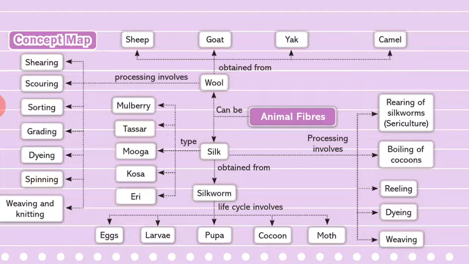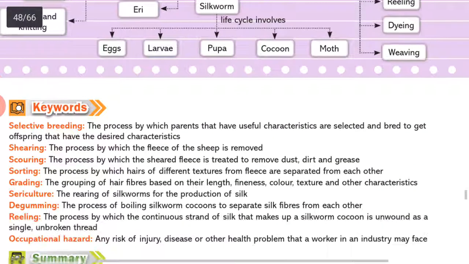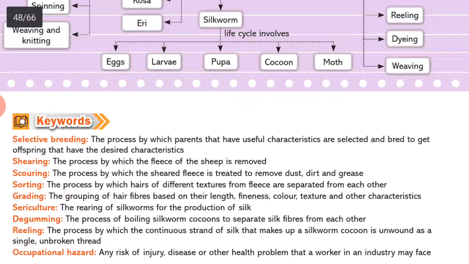Okay, and then the keywords: selective breeding, the process by which parents that have useful characteristics are selected and bred to get offspring that have the desired characteristics.